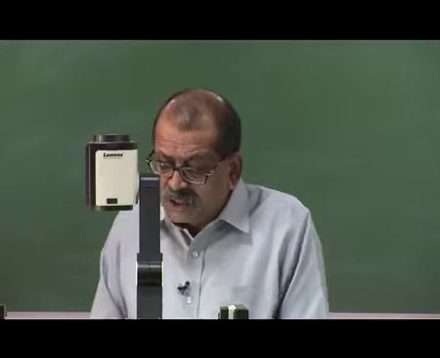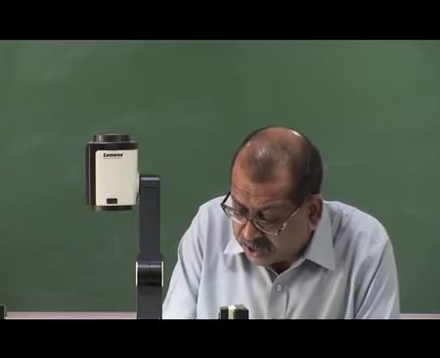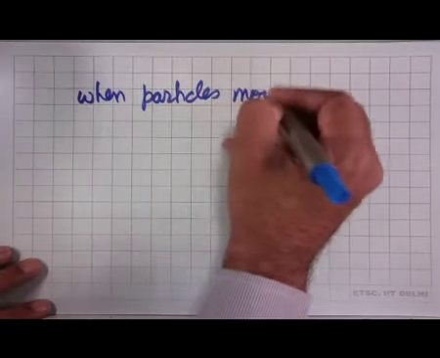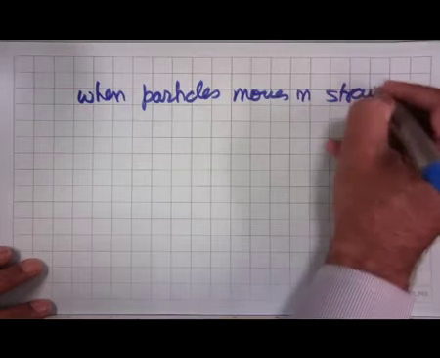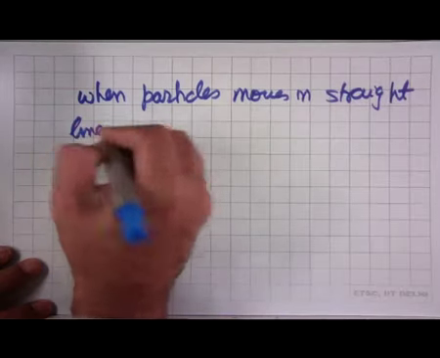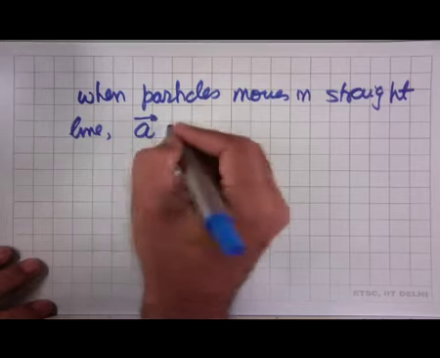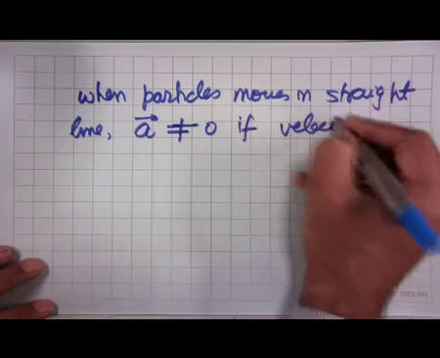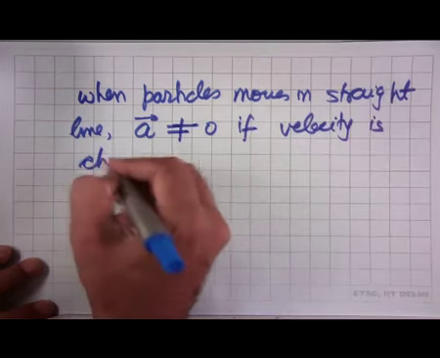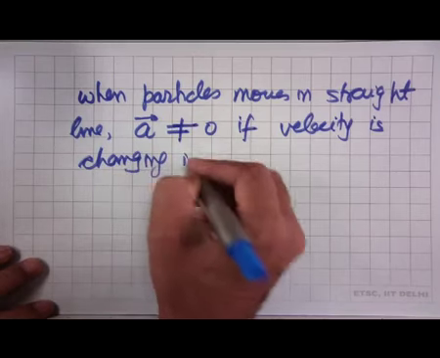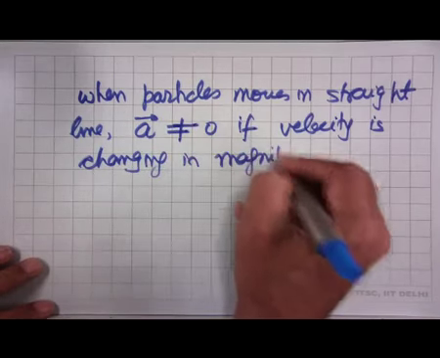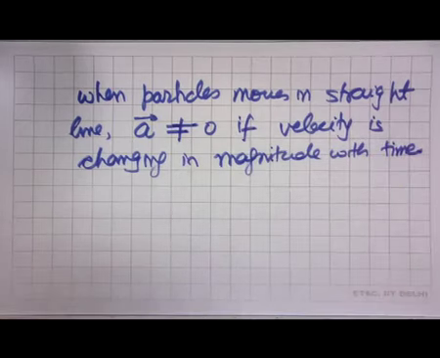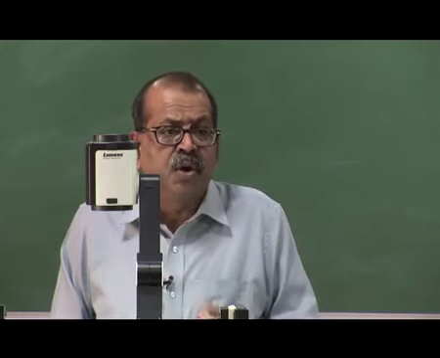This is if the particle moves in a straight line. Acceleration when the particle moves in a straight line is not equal to 0 if velocity is changing in magnitude with time. That means the speed of the particle has to change with time for acceleration not to be 0.